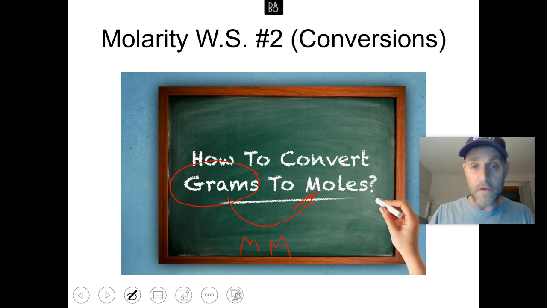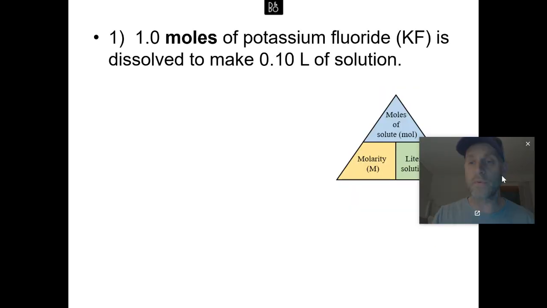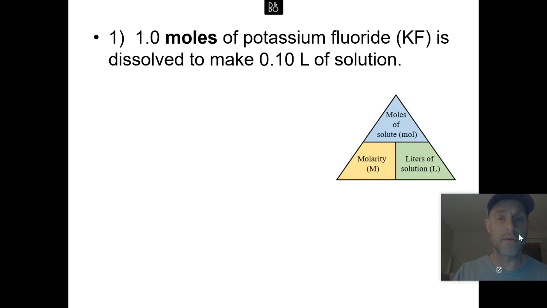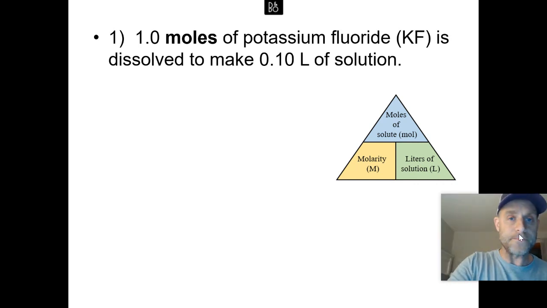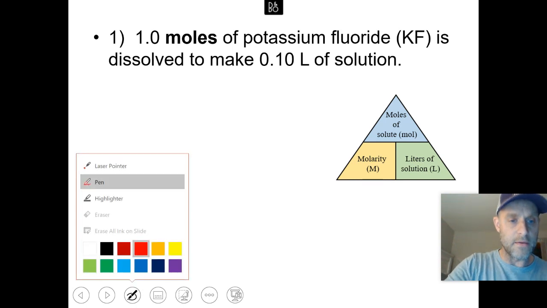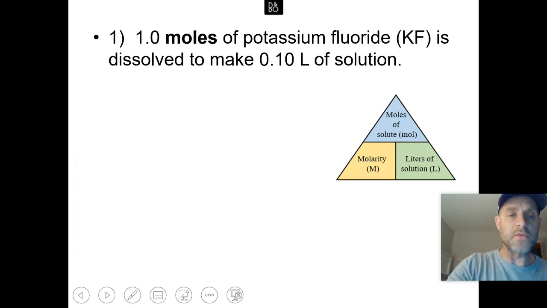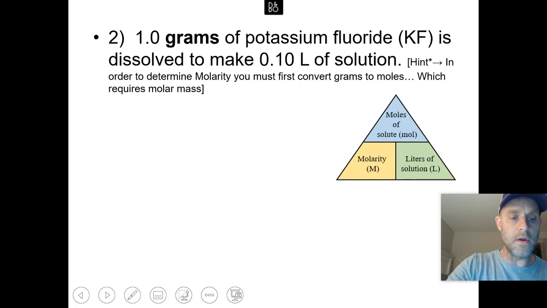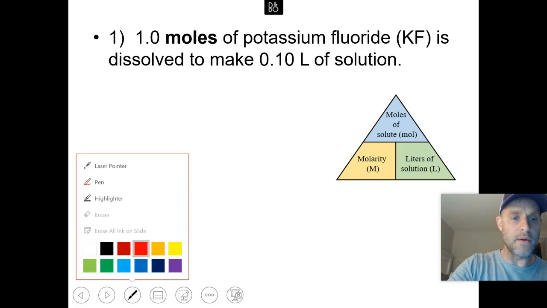Okay? So 4 questions. The first one is nothing new. The first one is what we did last week. Okay? So look what I have. Oh, it's going to not work. Okay. Sorry, guys. Oh no, try it again. Come on now.